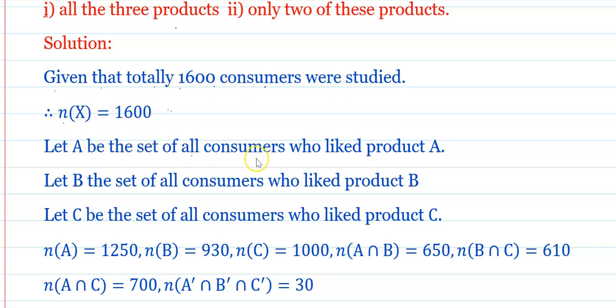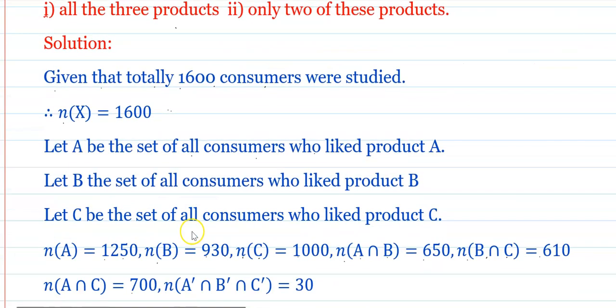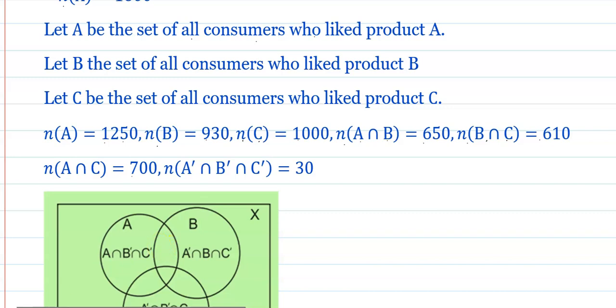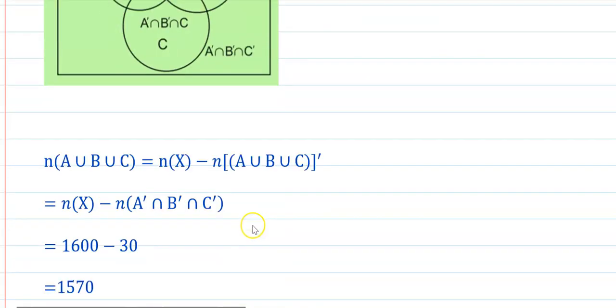Let A be the set of all consumers who liked the product A, B is the set of all consumers who like the product B, and C is the set of all consumers who like the product C. Therefore, n of A is equal to 1,250, n of B is 930, n of C is 1,000, n of A intersection B is 650, n of B intersection C is 610, n of A intersection C is 700, and n of A complement intersection B complement intersection C complement, means those who do not like any one of them, that's equal to 30.